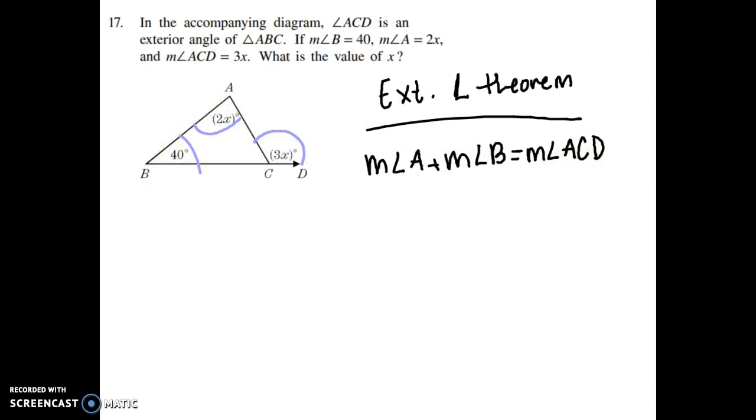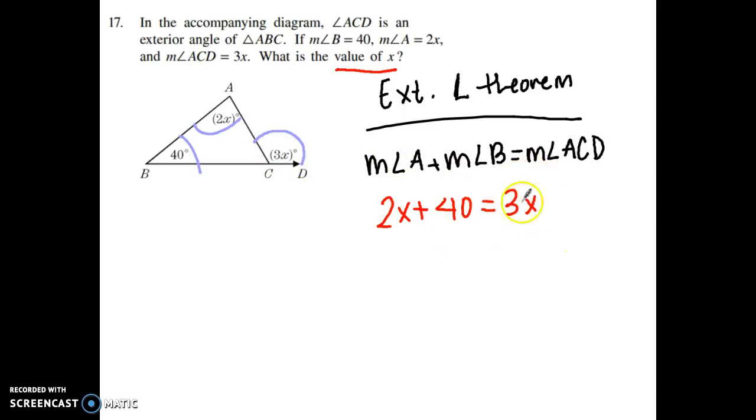So in this case, we're going to replace the things that we know. So the measure of angle A is 2x plus the measure of angle B, which is 40 degrees, has to equal the measure of angle ACD, which in this case is 3x.